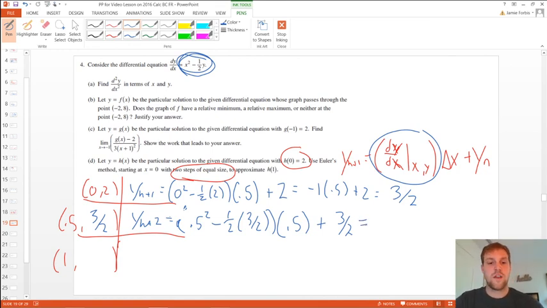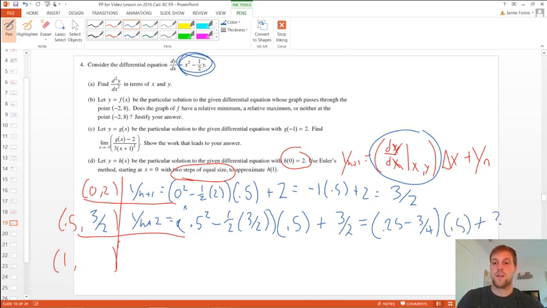Okay, 0.5 squared minus 1/2 times 3/2. I'll try to do plenty of steps here. It's 0.25 minus 3/4 times 0.5 plus 3/2. If I simplify that out, 0.25 is 1/4, minus 3/4 is -1/2, right?